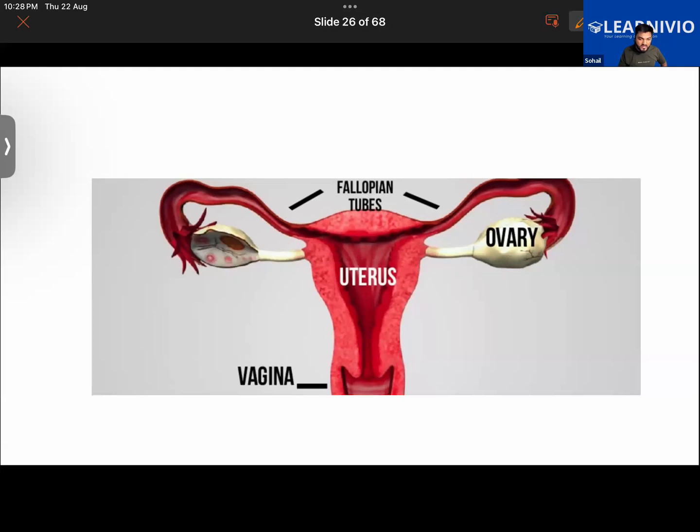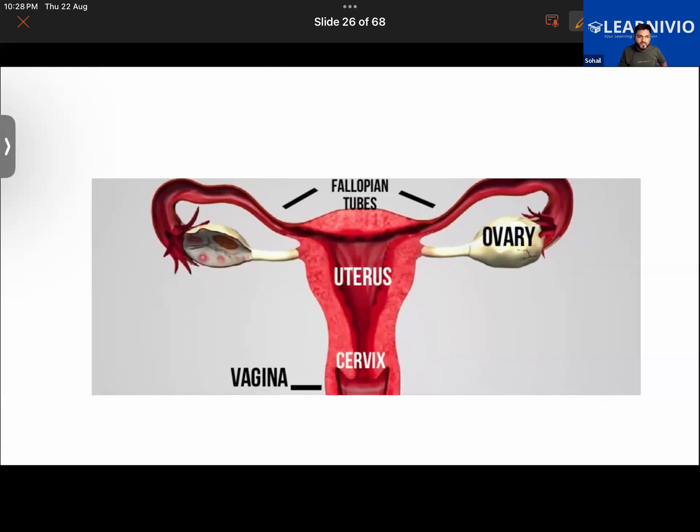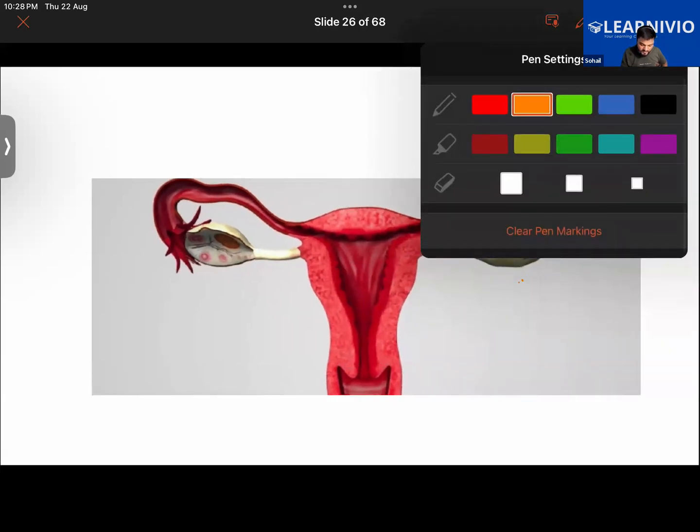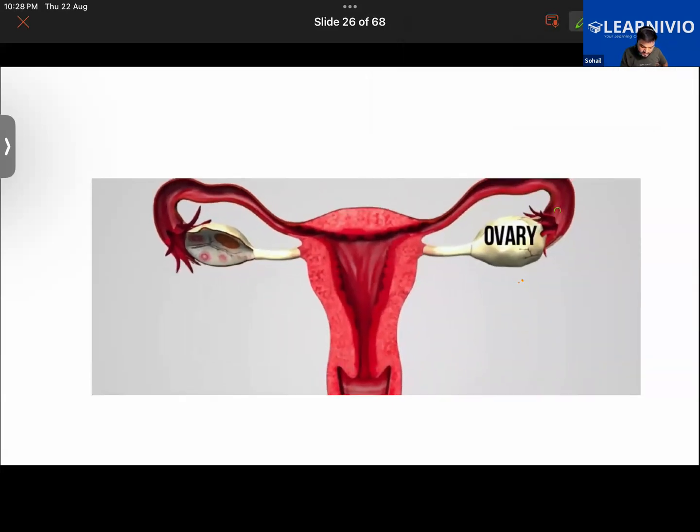Let's get back to this topic. Right now what we see over here is the ovary. Once in a month, one of the ovaries releases an egg. The egg goes into this oviduct and travels further up to here.